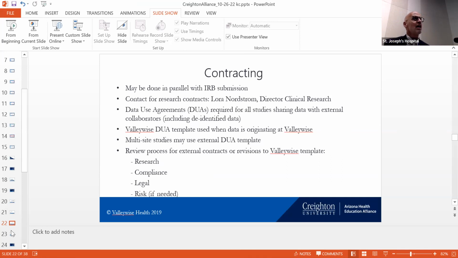Now, a question that comes up is, why is it so difficult to get projects approved at St. Joe's, particularly compared with Valleywise, but in general, why is it so difficult to get approved at St. Joe's? And my understanding of that difficulty is that St. Joe's has created an incredibly robust, well-designed research infrastructure that's primarily focused on funded pharmaceutical and device trials and things like that.